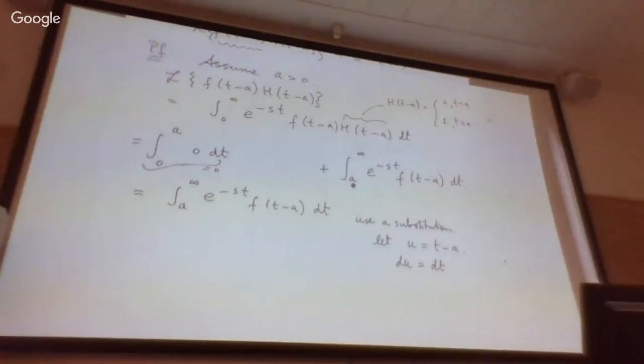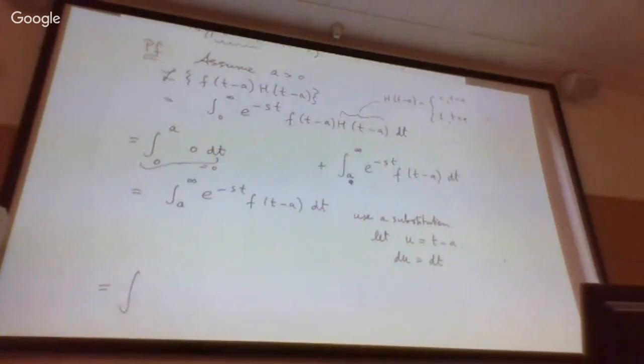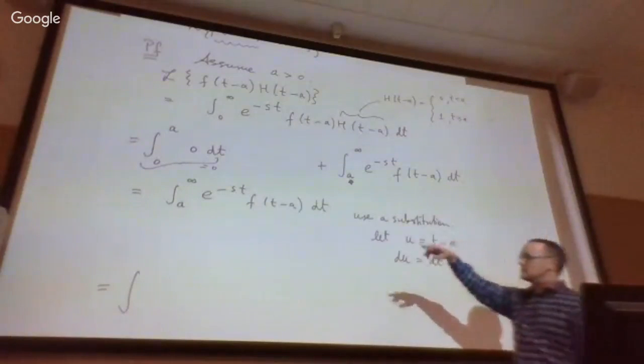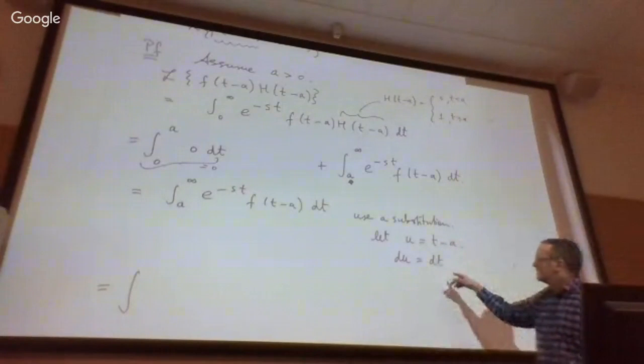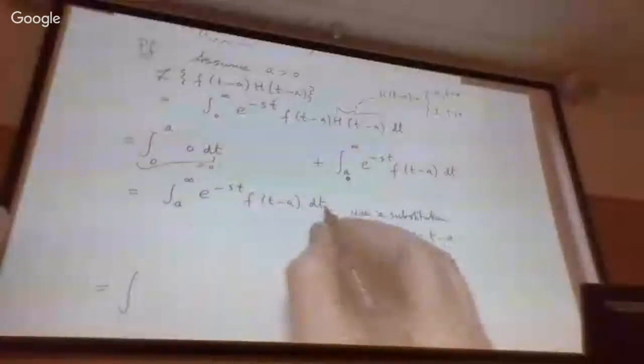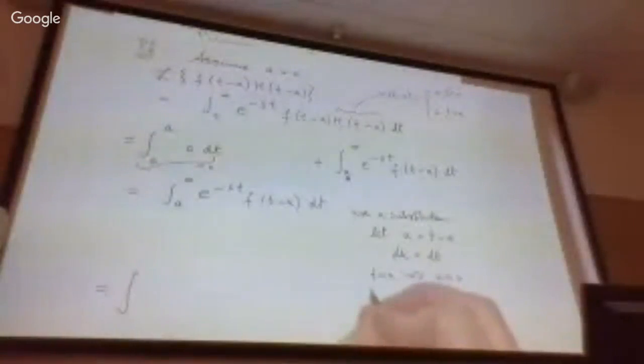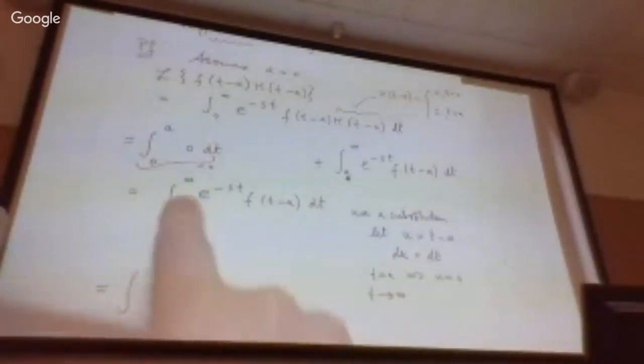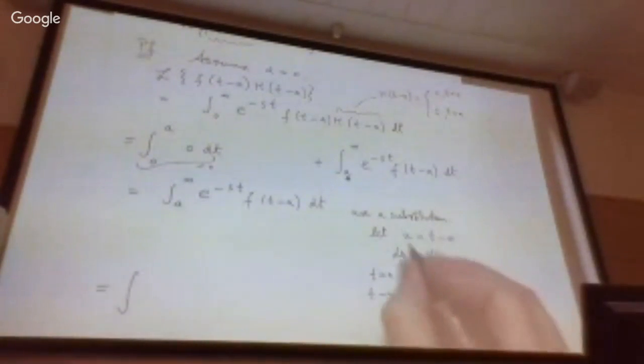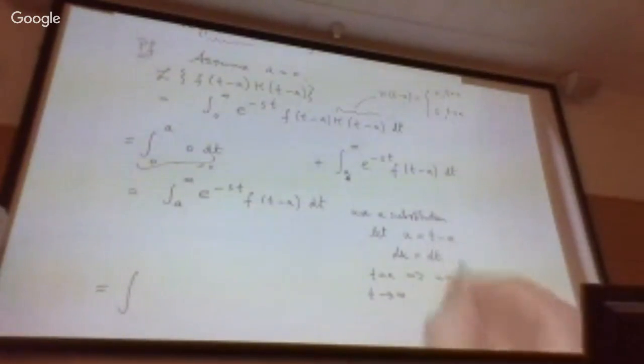And also interestingly, remember you have to transform the limits of the integral as well. When t is equal to a, that implies u is equal to 0. And as t goes to infinity, as it does in this integral, u is just t shifted by a fixed amount, so u will be going to infinity as well.